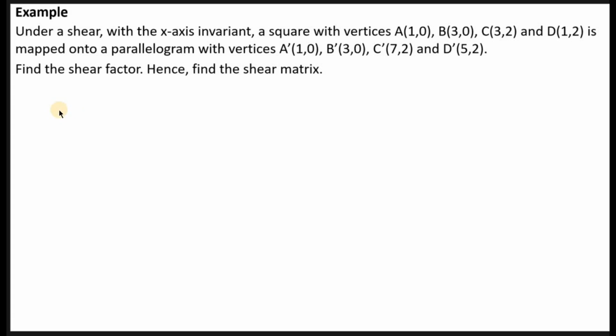Okay, so what we are going to do here is this. We must understand that we were given the object, which is a square with these points here. And then we were told that this was sheared with the x-axis as the invariant line, and the new image was produced, and it's a parallelogram.